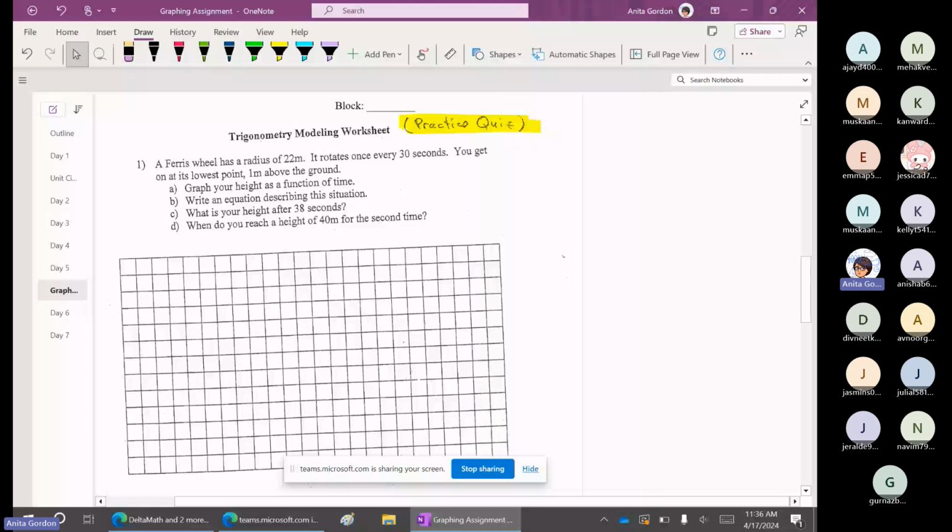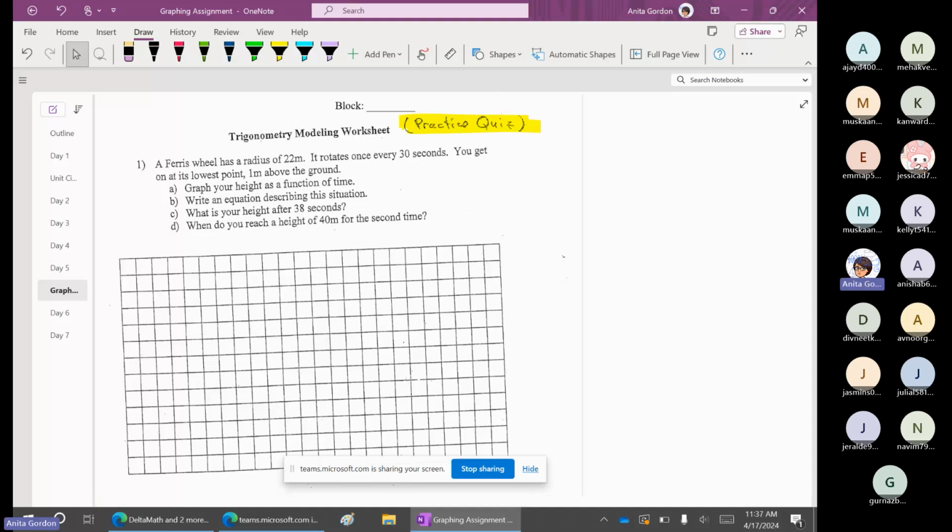We are going to graph a real-world situation, and then using our picture, we're going to work backwards to write an equation for it. Okay? So let's read some important pieces of information. A Ferris wheel has a radius of 22 meters, and it rotates once every 30 seconds.